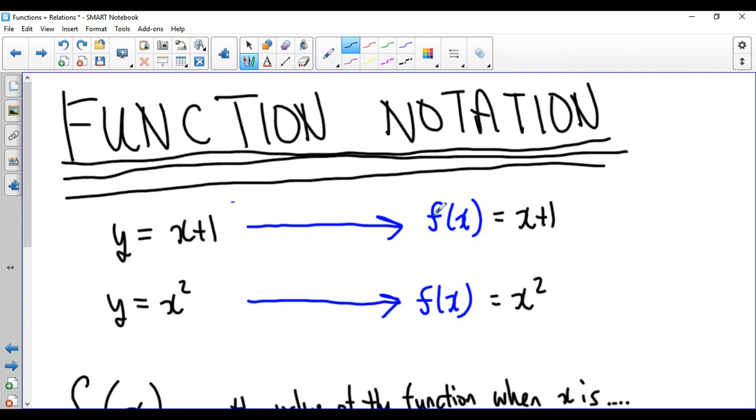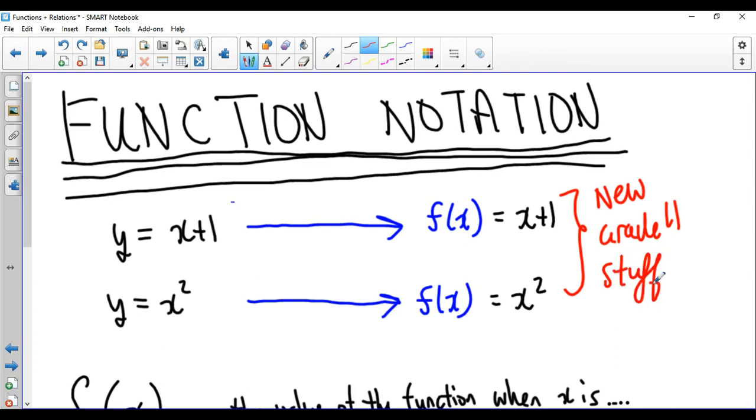So if you look, this is f, a nice curved kind of f, bracket x, close bracket. So you may be thinking, how do I say that? When we refer to a function, what does this represent? Really all it does is represent a notation. This is also new grade 11 stuff, okay?